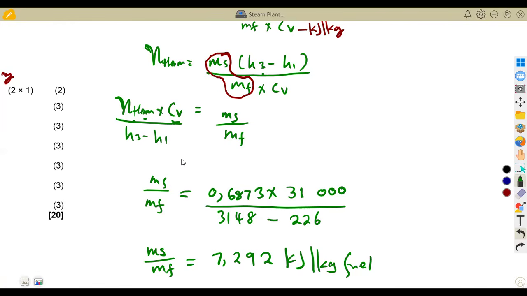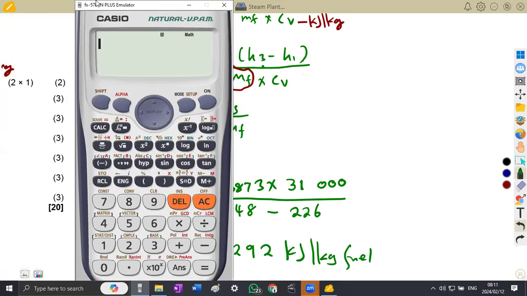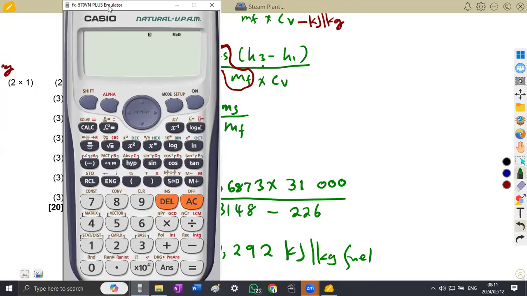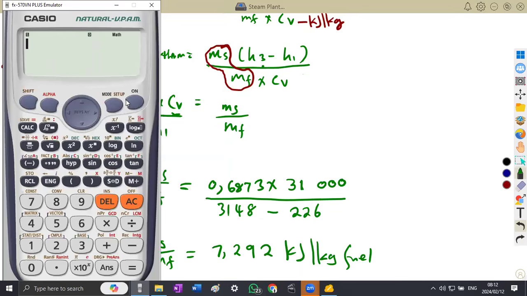Let me just bring this up, because for all the calculations that I'm going to do, I'm going to fix my calculator to 3 decimal places. On my calculator here, it's going to be shift, setup. You go to Fix, number 6, then to 3 decimal places, it's 0 to 9. So I'm going to press 3.